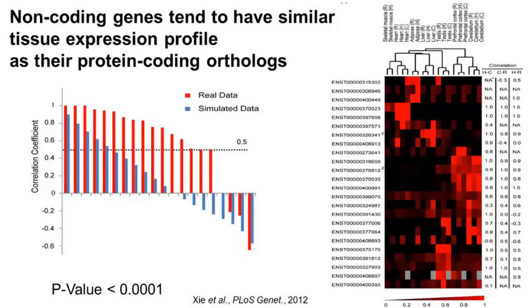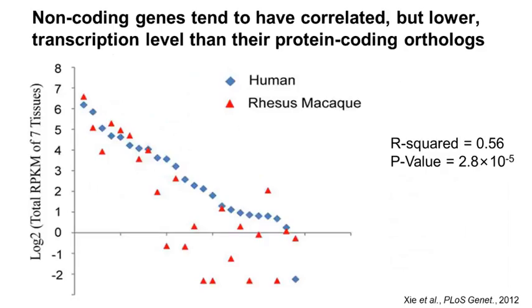Then we looked at their expression levels across different tissues and found that non-coding genes tend to have similar tissue expression profiles as their protein coding orthologs. When we looked at the overall transcription level, we found that non-coding genes tend to have correlated transcription levels with their protein coding orthologs, even though their transcription level is generally lower.